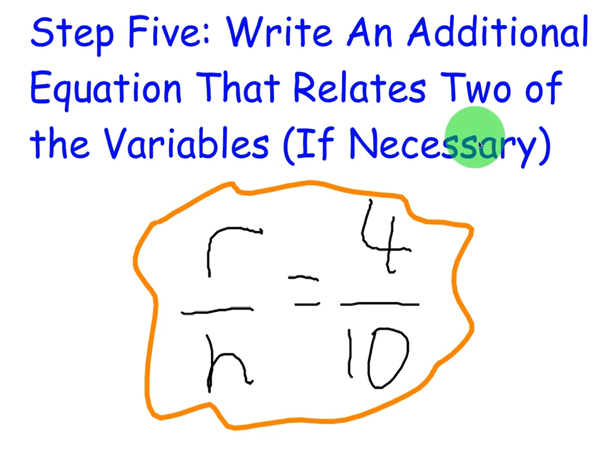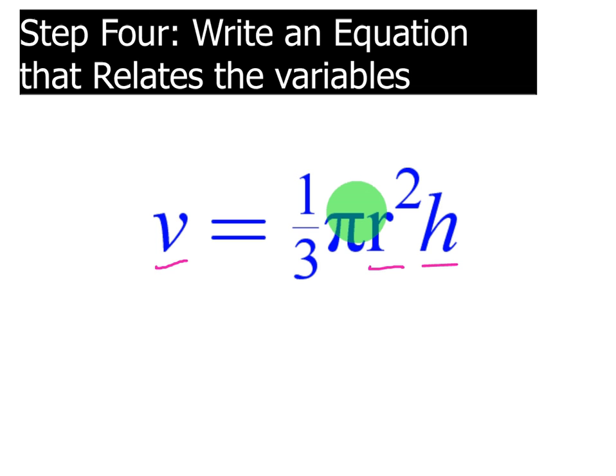So that's why I say if necessary, but sometimes it really is necessary. Without this step, you would really confuse yourself, especially when you try to take the derivative with this in terms of 3 variables. It can be really difficult. It makes it much easier to write it in terms of 2, which will lead us to the next step, which is narrowing it down to 2 variables.